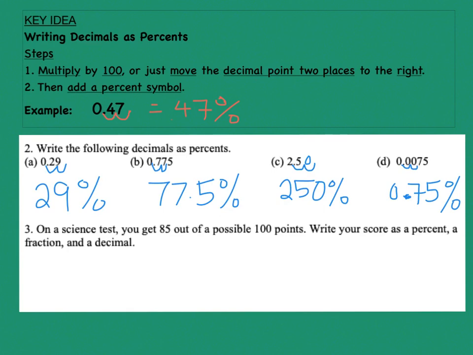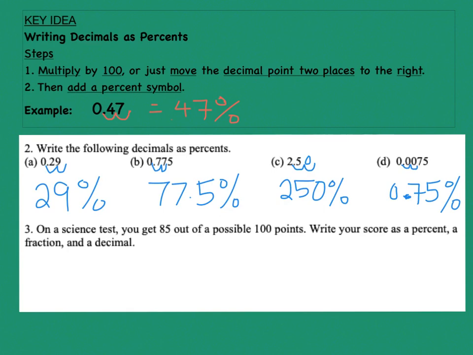Now we will take a look at example 3. On a science test, you get 85 out of a possible 100 points. Write your score as a percent, a fraction, and a decimal. You may want to pause the video to think about the question before checking your answer with mine.